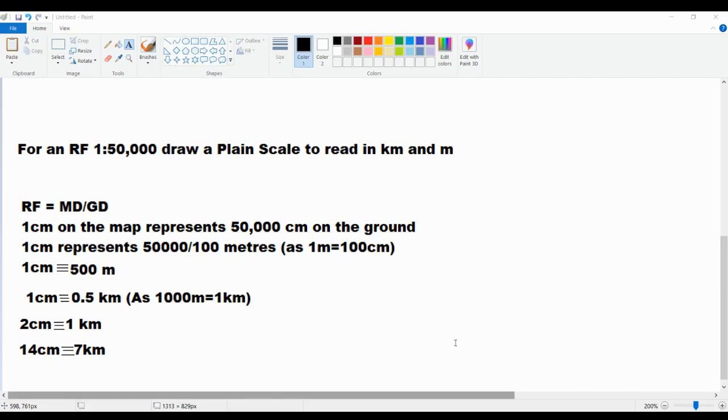One more thing which you must bear in mind is that the ground area which you are representing through the scale is either taken to be in multiples of 10, 5, 2, or even 1 if the other three are not possible. So over here, we are representing 7 kilometers. Now, in order for us to represent 7 kilometers, we will have to draw a line measuring 14 centimeters.